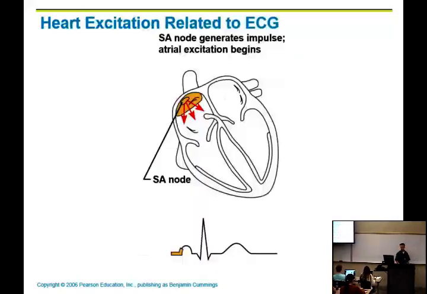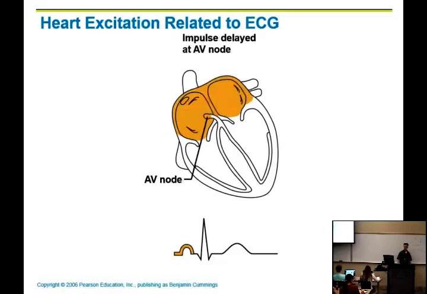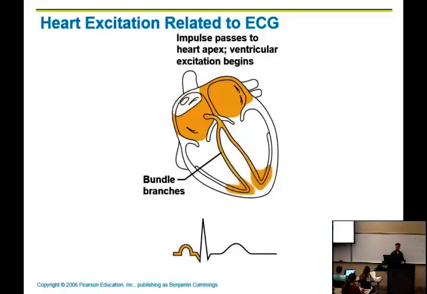So it kind of looks like this, right? The SA node gets the signal to begin with, it spreads to the rest of the atria, and we can see when those muscles are starting to contract or starting to get their signal, that's our P wave that we see down there, okay? That signal is going to pass then from the atria to the ventricles.